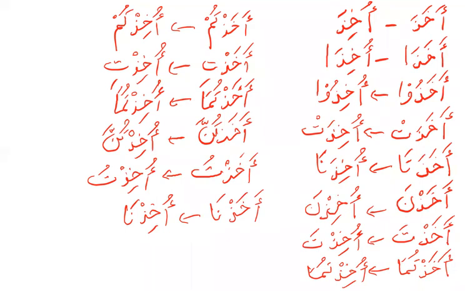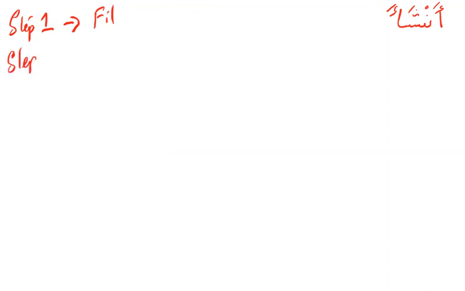Okay. So our next word is Ansha. Step 1. Is it a fail, ism or harf? It's a fail. Step 2. Is it past or present? Past, sorry. Why?